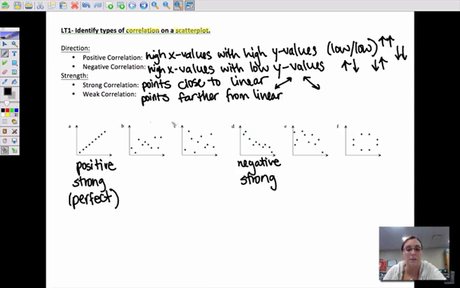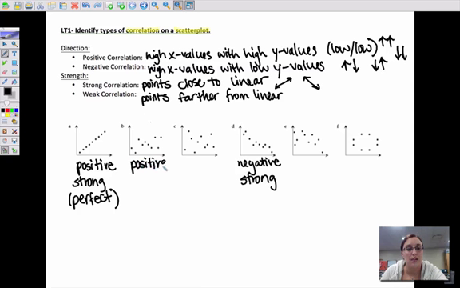Now if I look at B, I would say those are moving in a slightly positive direction. The bigger the x gets, the bigger the y also gets. A larger x has a larger y, a smaller x has a smaller y in general. Something I also do sometimes is I draw a circle around all of the points, and if I see that it's moving in the upward direction, that helps me figure out if it has a direction or not.